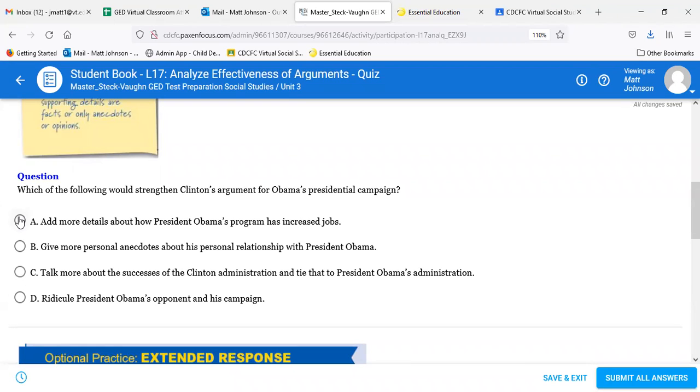A. Yeah, A. Yeah, add more details, right? So if we're talking about increasing jobs, okay, that's great. Maybe he could add, did the average wage go up at that time? Or what sector did these jobs come from? Were they skilled jobs?